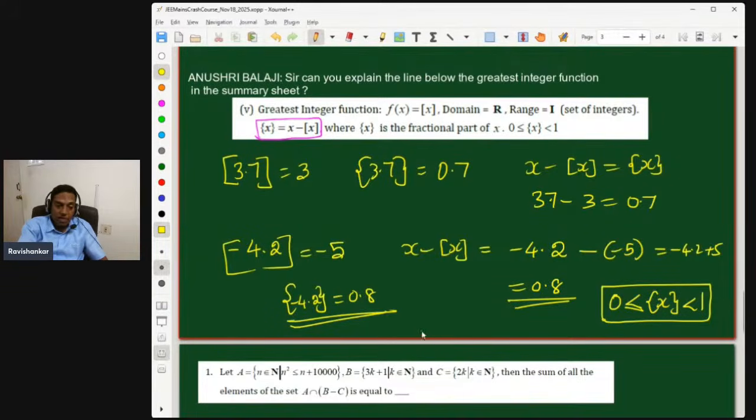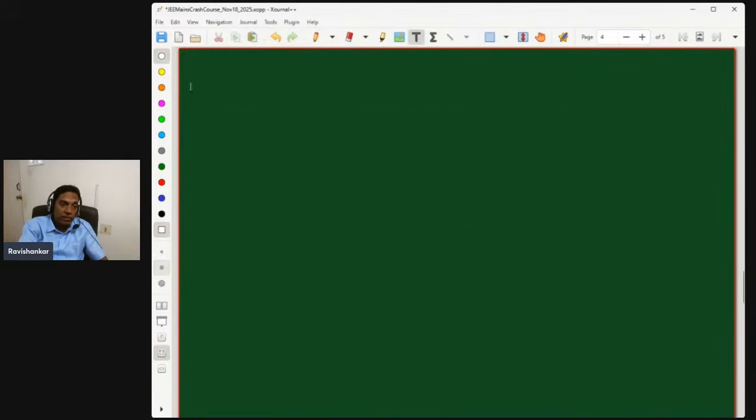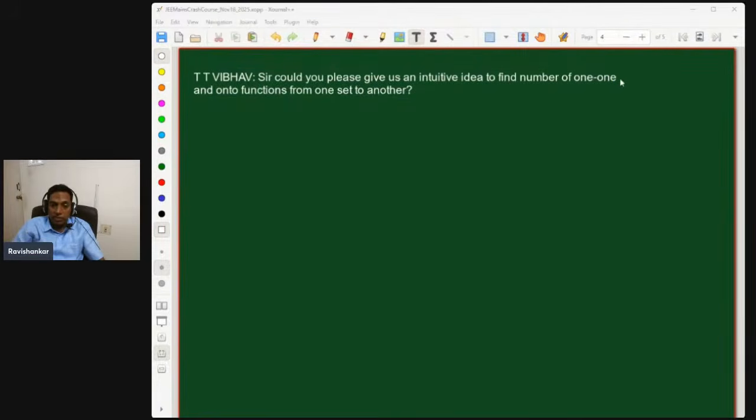TT Vibhav has asked, can you give an intuitive way to find the number of one-to-one functions and onto functions? I think there is a question like that. When we come to that question, we will address that. Then Ayush Visha says, I find functions tricky. What should I do to improve it? Whatever we are doing, the purpose is to improve it only.